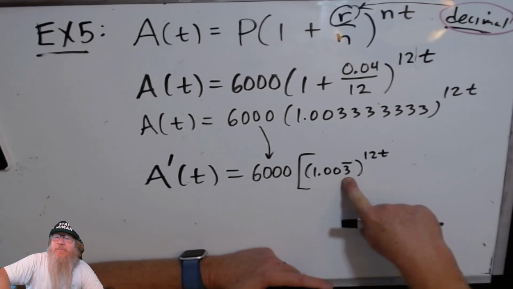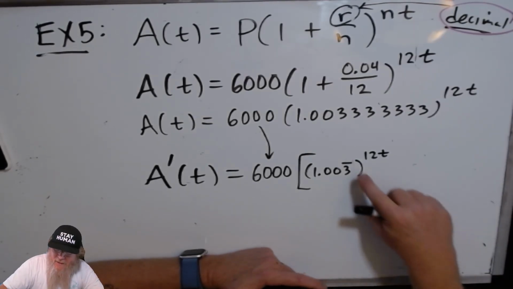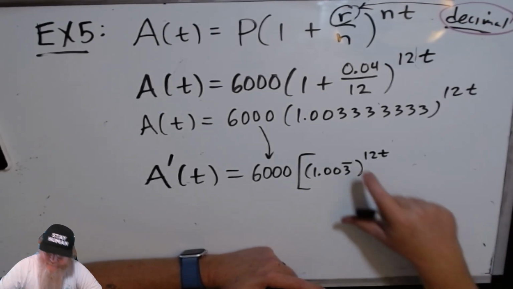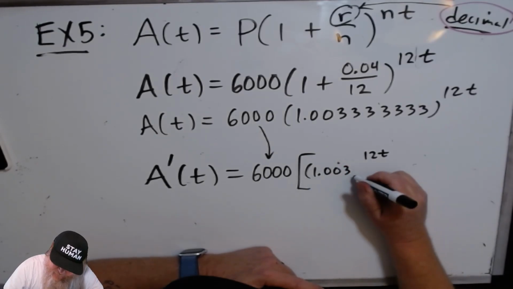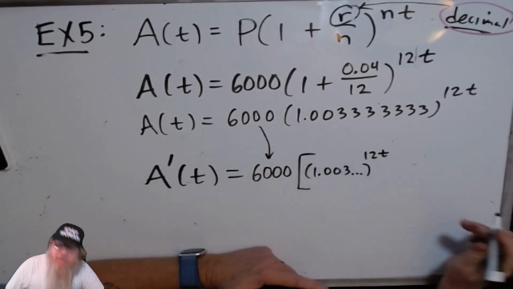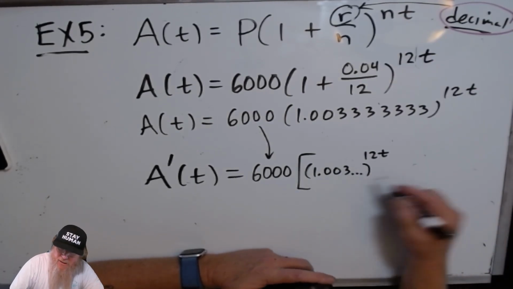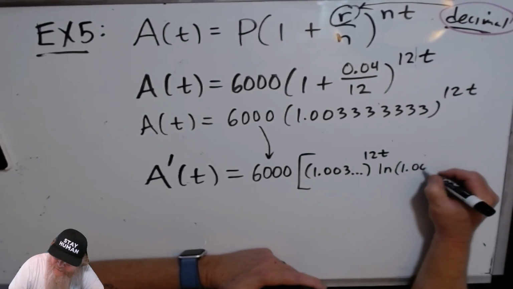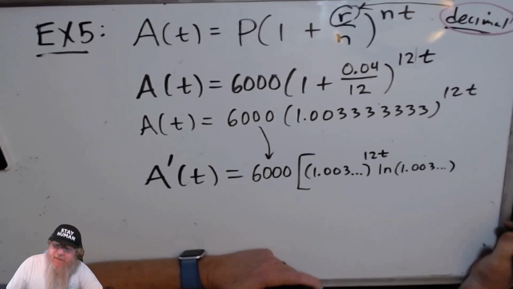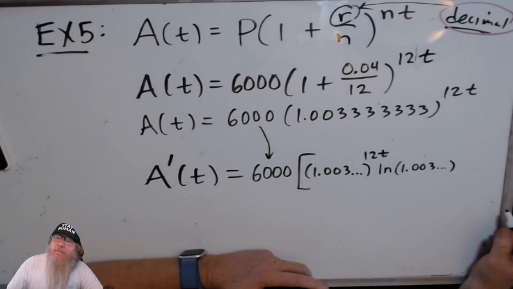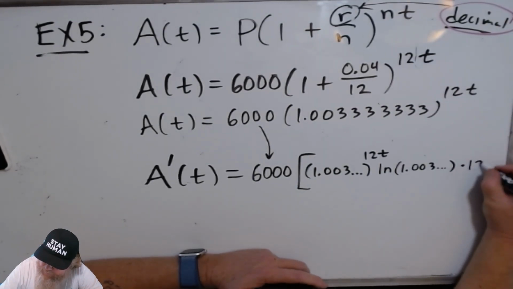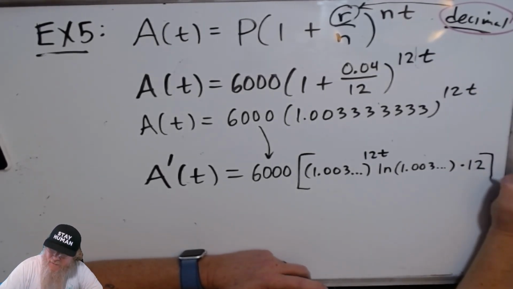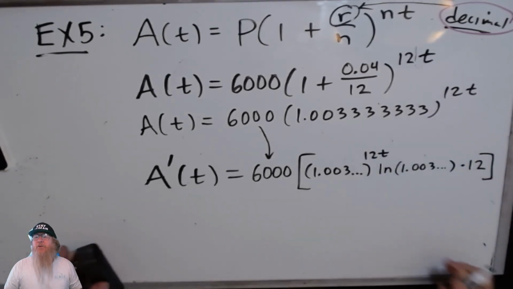That's a repeating decimal. The bar has lots of different meanings in math. You can also just go with dots. That's another way to do it. It means the same thing. I'm just trying to save space. Times the ln of 1.0033333333 times 12, the derivative of the power, which is 12. Fortunately, you don't have any product or quotient rules here.